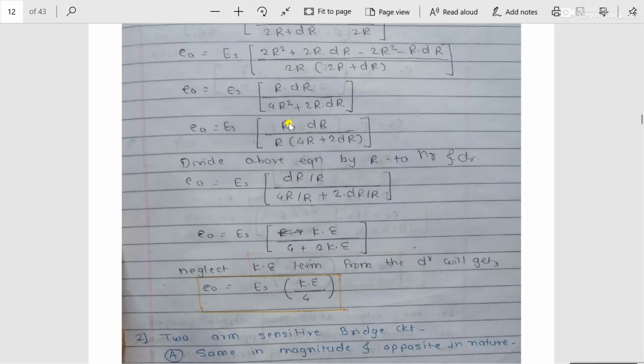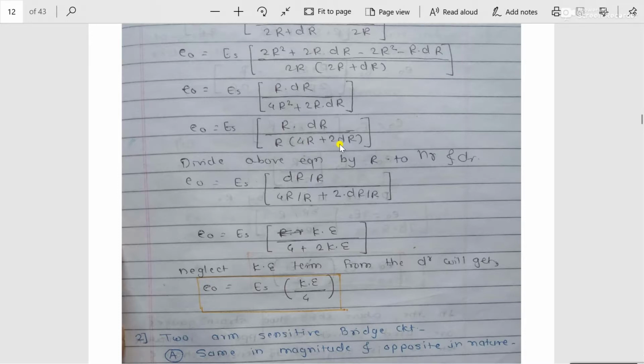Here the numerator also has r and the denominator also has r, so this r and this r I have to cancel. Then I will get this equation in the form of delta r upon 4r plus 2 into delta r.